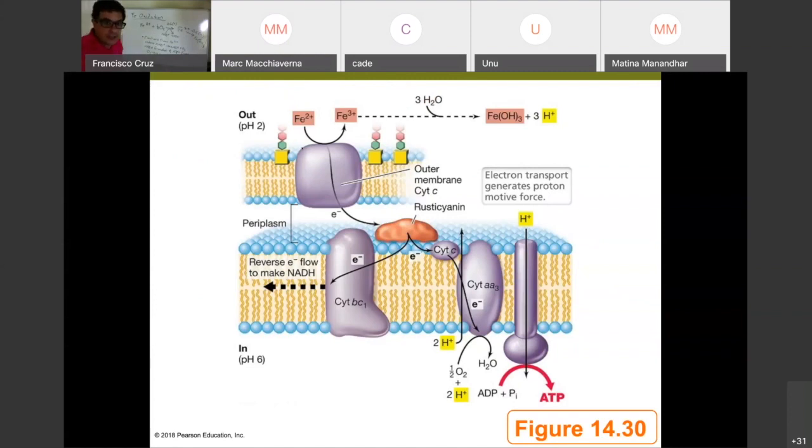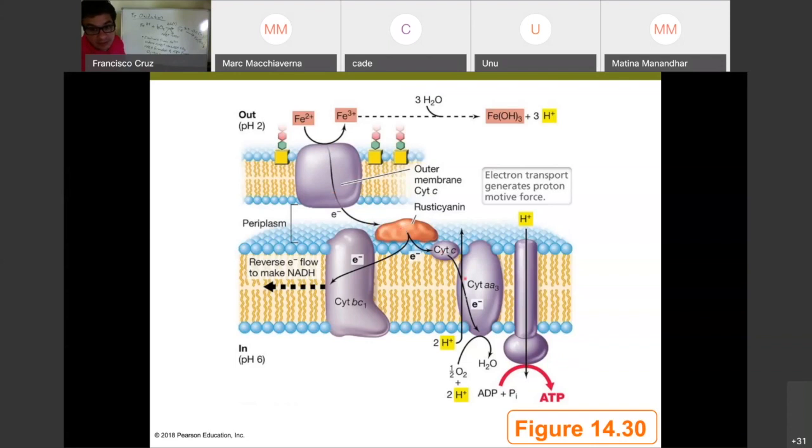So let's look at this. This is just a gram-negative bacteria that is an iron oxidizer. And so here we see that clearly electrons come from iron, and then the electrons are transported to this rustocyanin. This rustocyanin basically offers two options for the electrons. It just routes electrons in both directions.